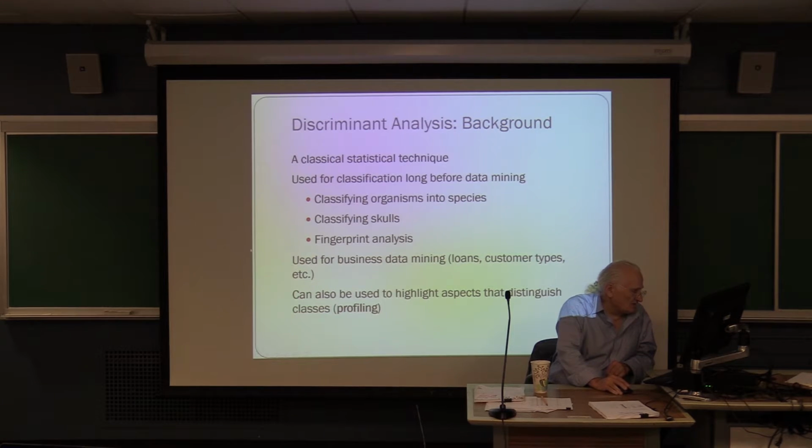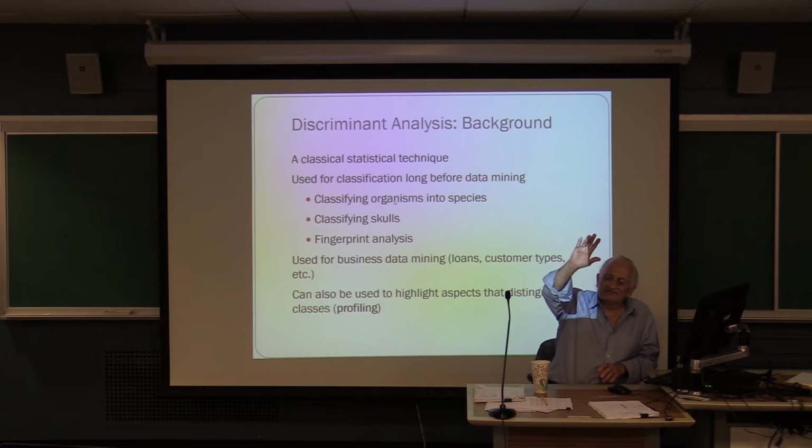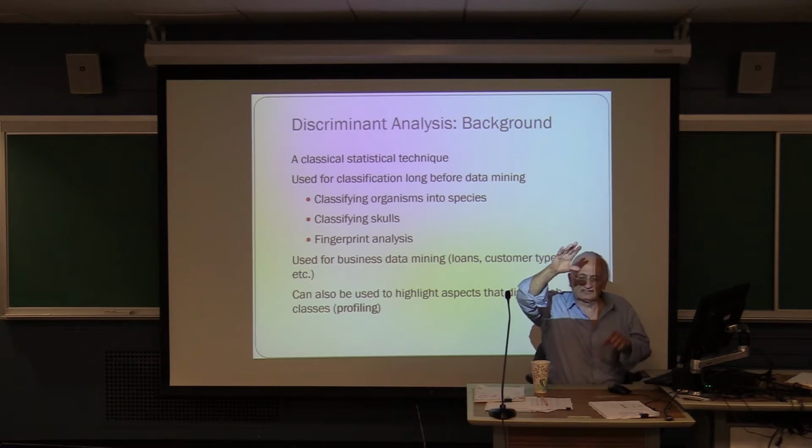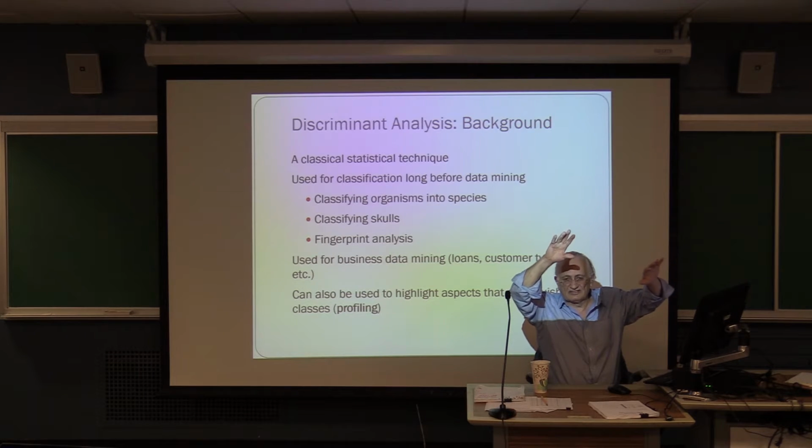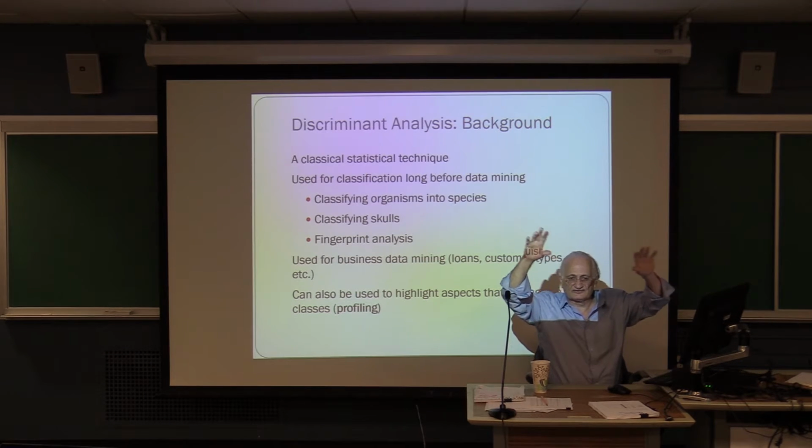So, discriminant analysis has been in existence for a long time, and it's used very heavily to classify species. When you look at the taxonomy, they have two-legged animals, four-legged mammals, non-mammals.